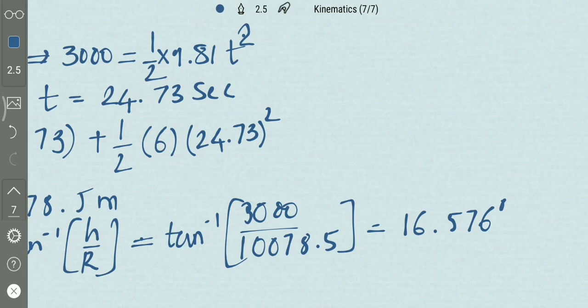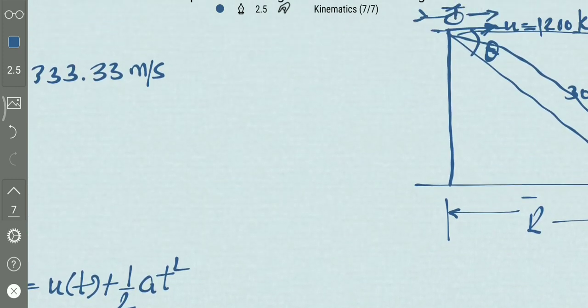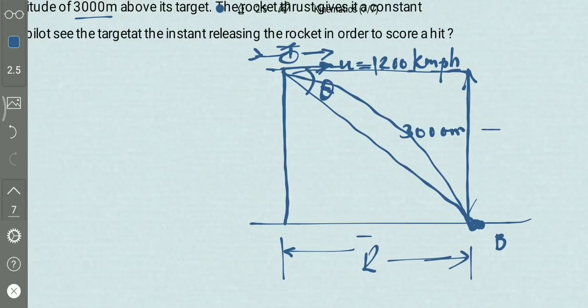This is theta, which means the pilot should see at an angle of 16.576 degrees in order to fire at B. Let us say it this way: from point A he should see at an angle of 16.576 degrees with the horizontal in order to fire at B.